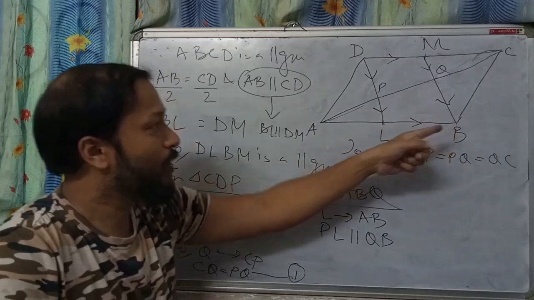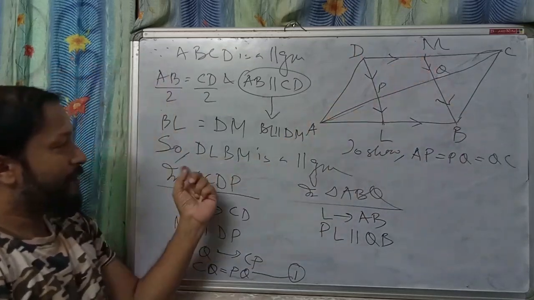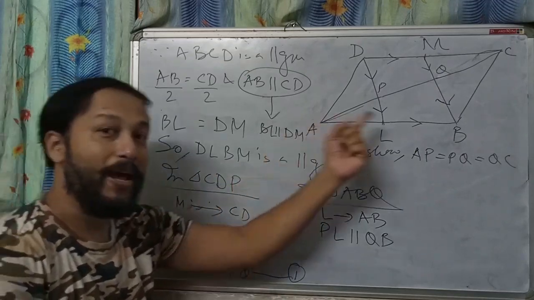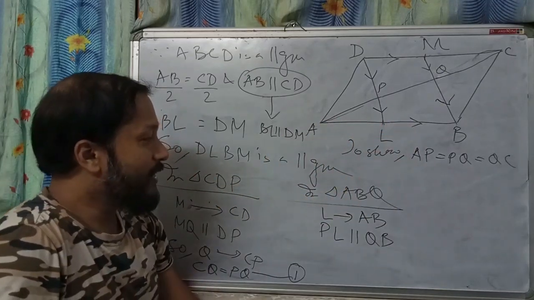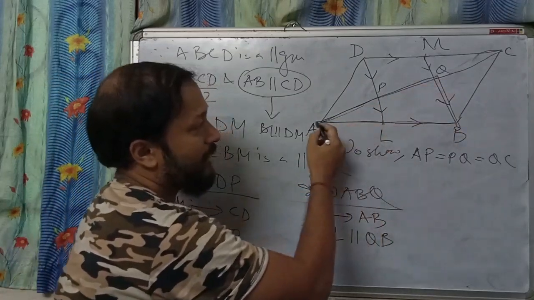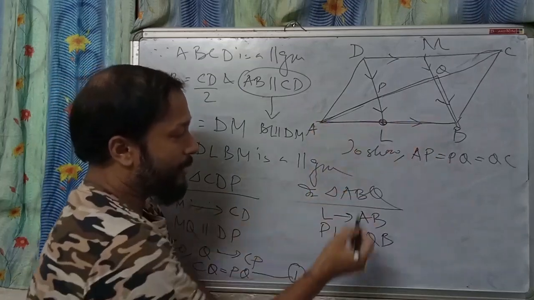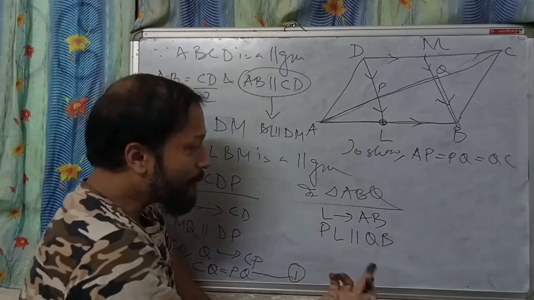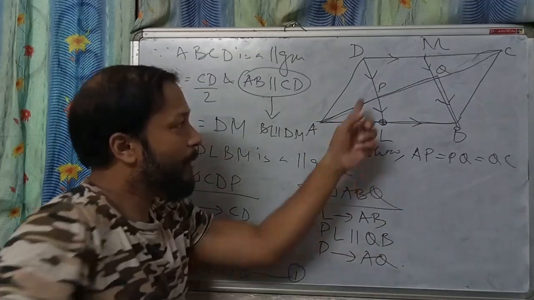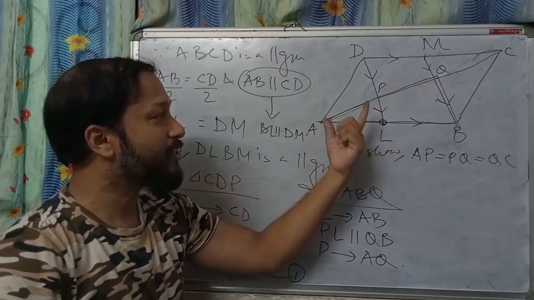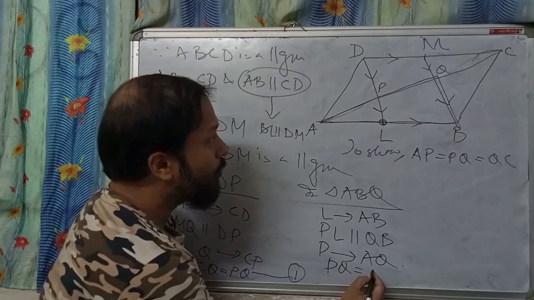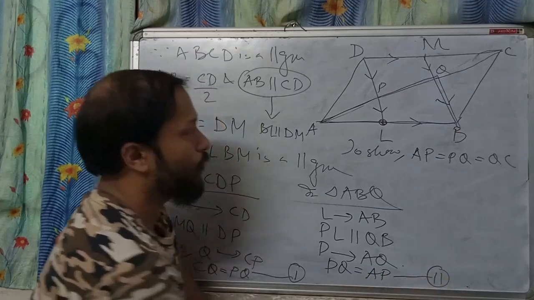Now in this triangle, L is the midpoint of AB and PL is parallel to QB, so P is the midpoint of AQ. Then I can write AP equals PQ. This is my equation number 2.